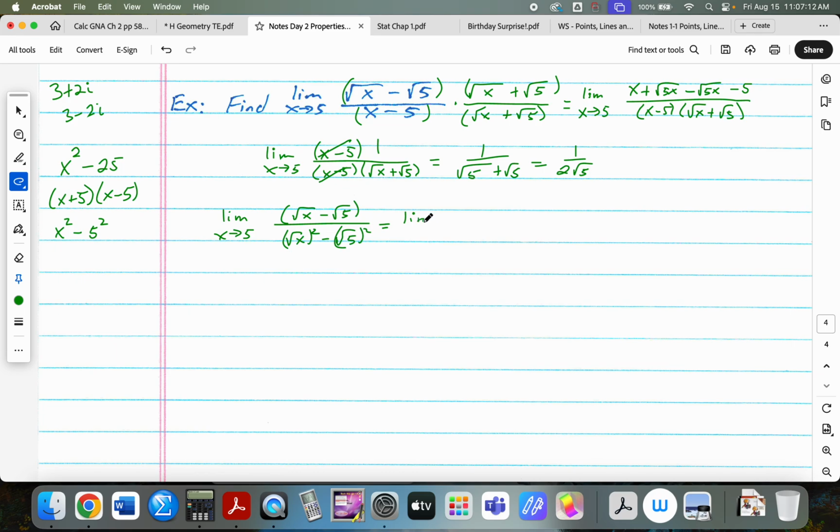So I could rewrite that as the limit as x approaches 5 of the square root of x minus the square root of 5 over the square root of x plus the square root of 5 times the square root of x minus the square root of 5. The two square root of x minus 5s I can divide out, and I end up with 1 over 2 square roots of 5.